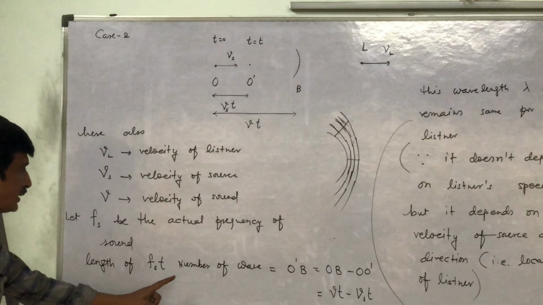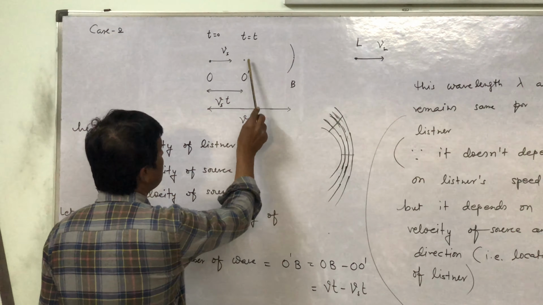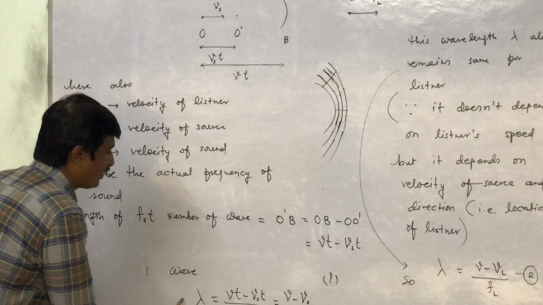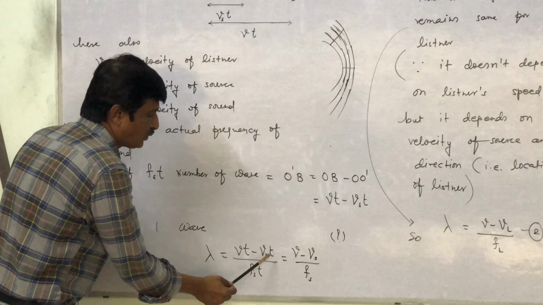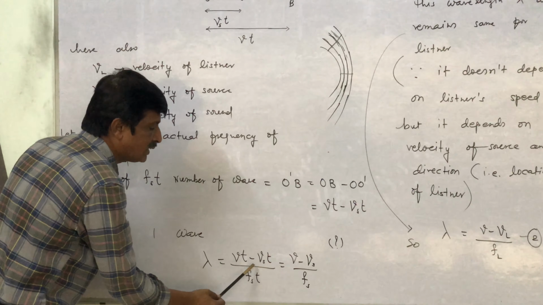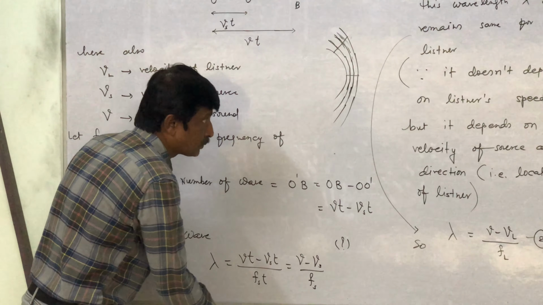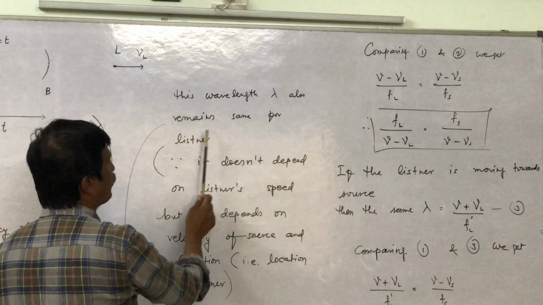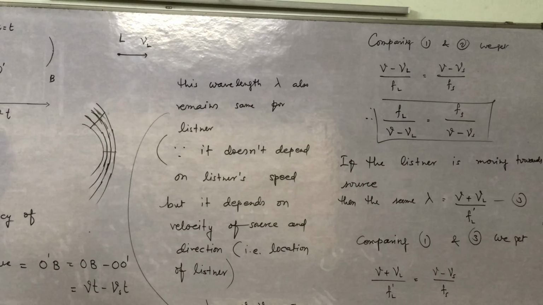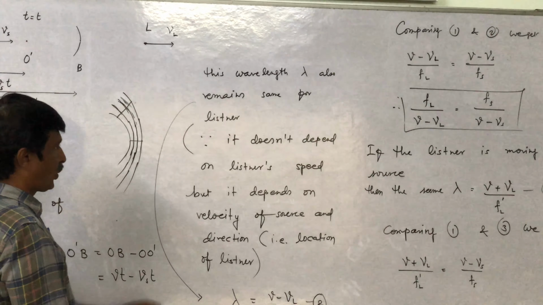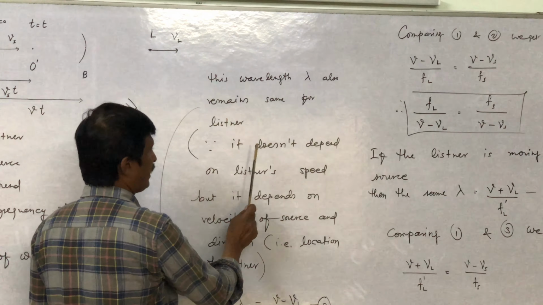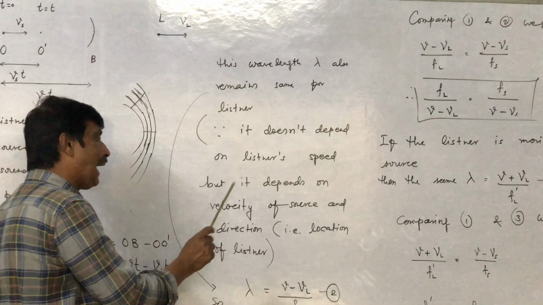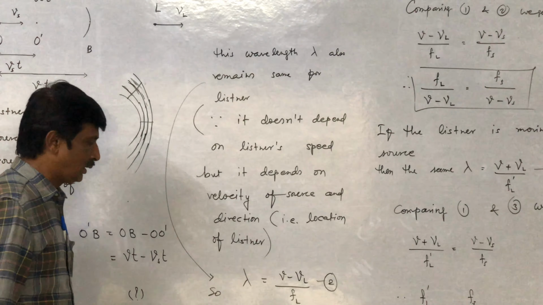So the total length of fst number of waves is this one, or it is vt minus vst. So the wavelength for one wave is (vt minus vst) upon the total number of waves, which is fst. So (v minus vs) by fs. Here also this wavelength lambda remains the same for the listener because it does not depend on the listener's speed, as we have discussed already, but it depends on the velocity of the source and direction, that is the location of the listener.